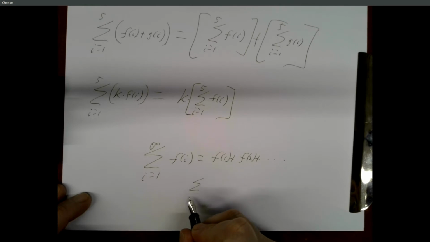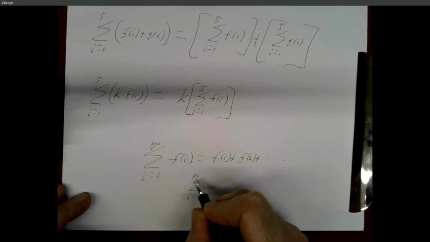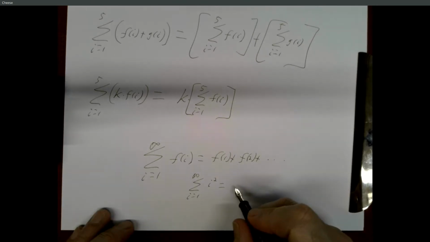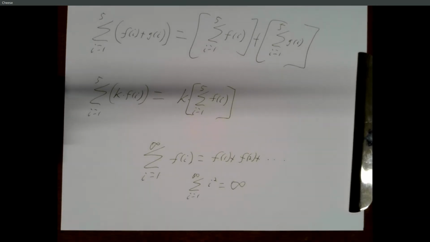If we do the sum from i equals 1 to infinity of i squared, that just gets bigger and bigger and bigger. So we would write down that's equal to infinity, by which we would mean this gets bigger and bigger, and eventually it's bigger than any number you can think of. But some teachers will frown at you if you write that.